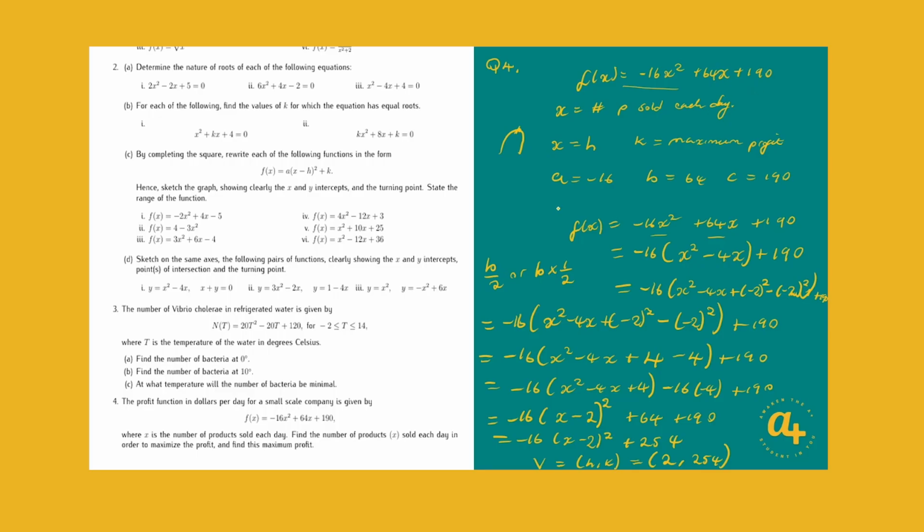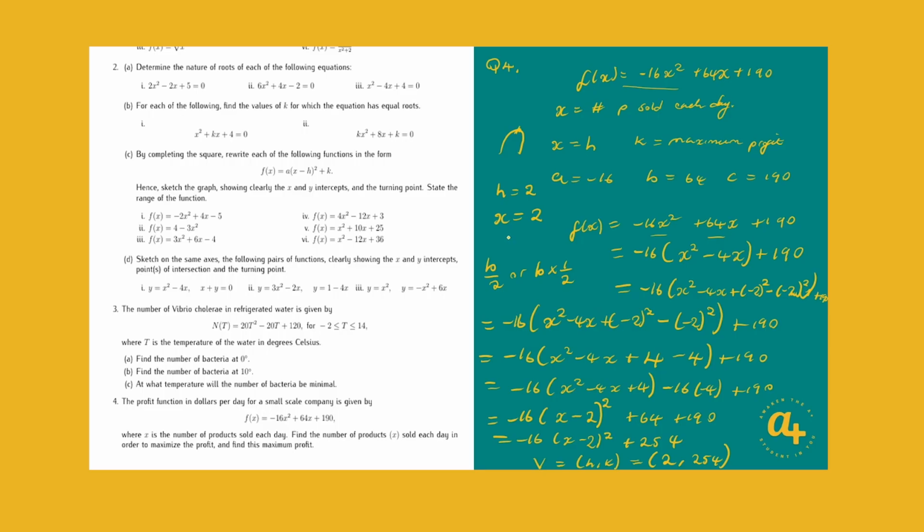So the number of products sold each day in order to maximize the profit is our h, and we know that our h is equal to 2. Therefore, the number of products sold each day, x, is equal to 2. Now we need to know what our k is, and we know that our k is the highest point on the graph of our quadratic function. Therefore, 254 is the maximum profit that we generate each time we sell 2 products each day.